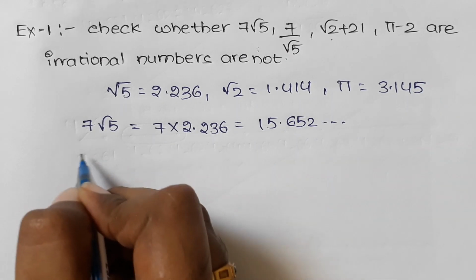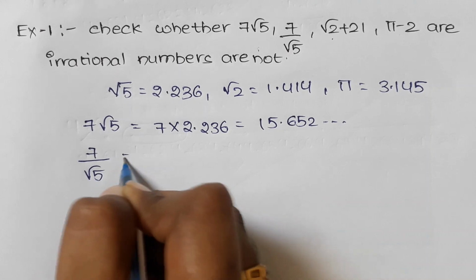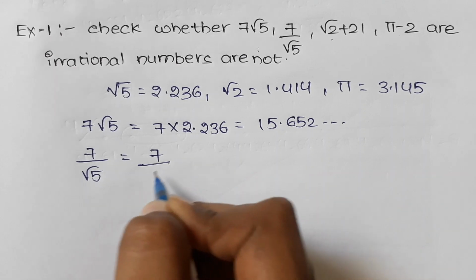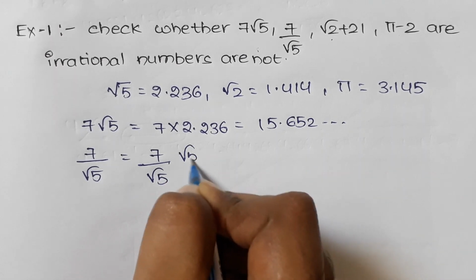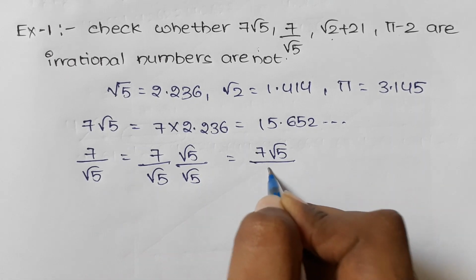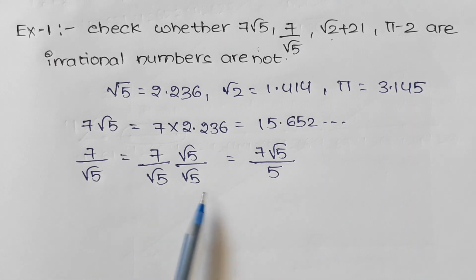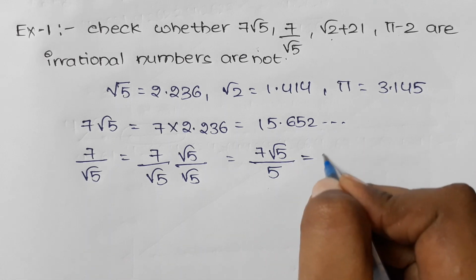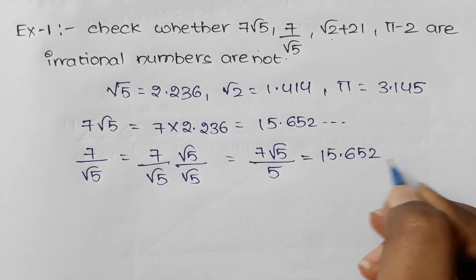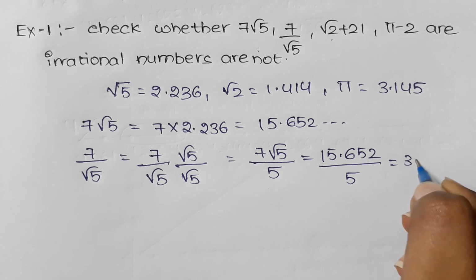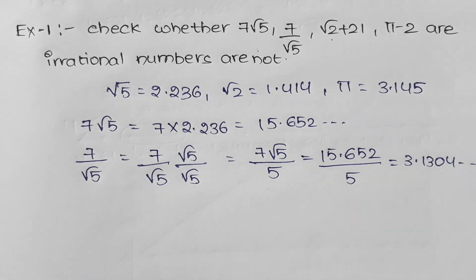Similarly, 7 by root 5 can be written by multiplying and dividing with root 5 again, that is 7 root 5 by 5, since root 5 into root 5 is 5. We already know the 7 root 5 value, 15.652 by 5, which equals 3.1304, and this is the value of 7 by root 5.